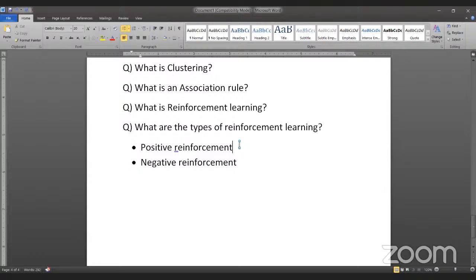Here we give a penalty. So next time the agent tries to avoid this penalty, and in the positive case it always tries to get the reward.